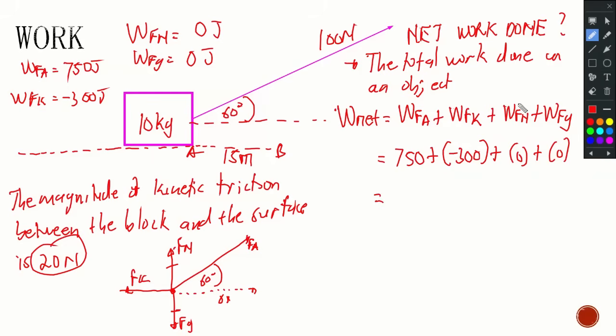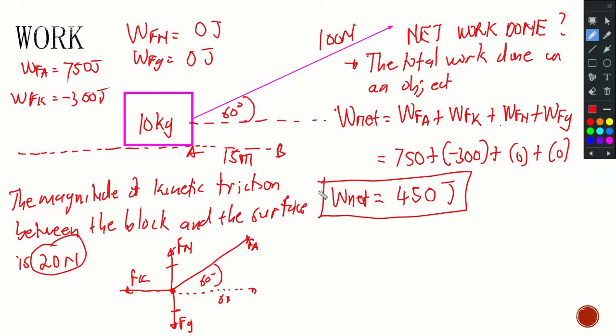So instead of putting them and substituting 0, you can just leave them out. Your choice. That's 750 plus negative 300. And then this will give us 450 joules. And that becomes the net work done on the object.